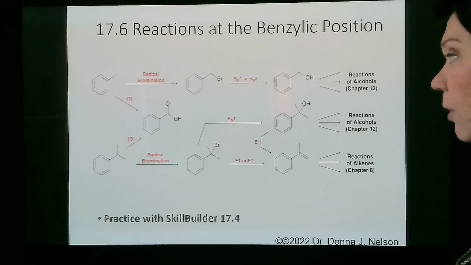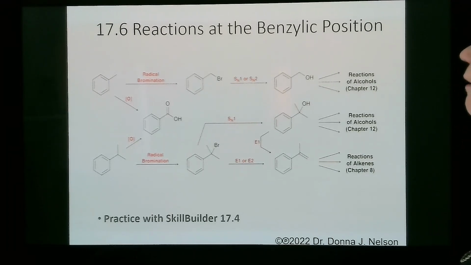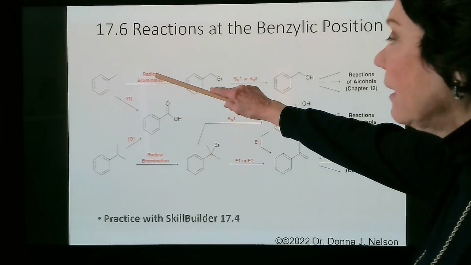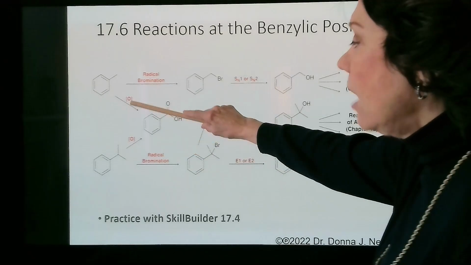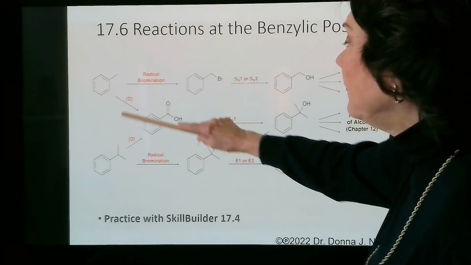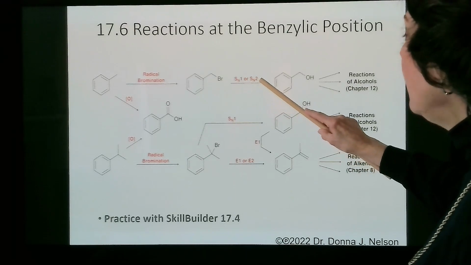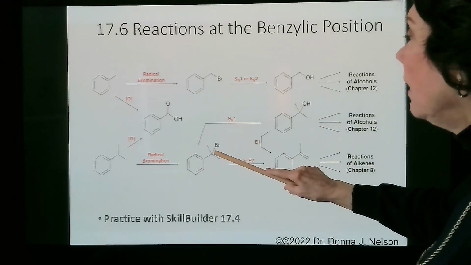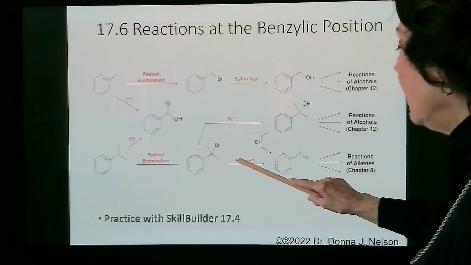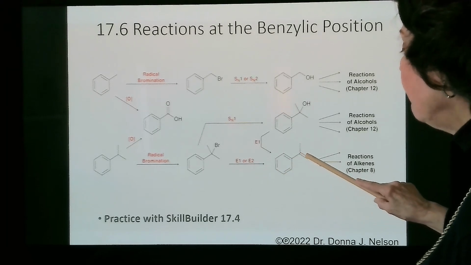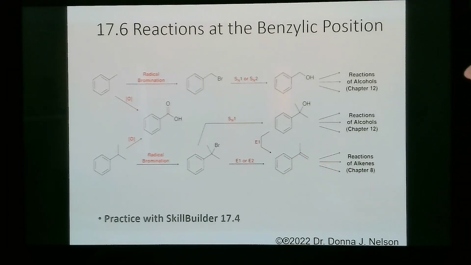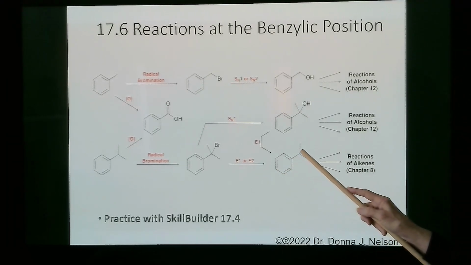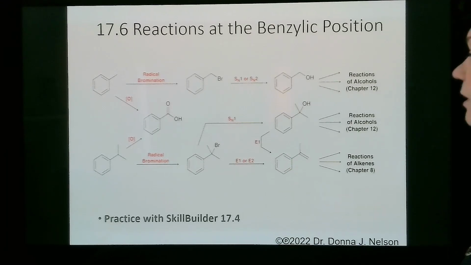So this is a summary slide of the reactions that we've discussed. So you can see the radical bromination, the oxidation at the benzylic position, SN1 and SN2. Here, SN1, E1 or E2 to give the double bond that is in conjugation with the benzene ring.